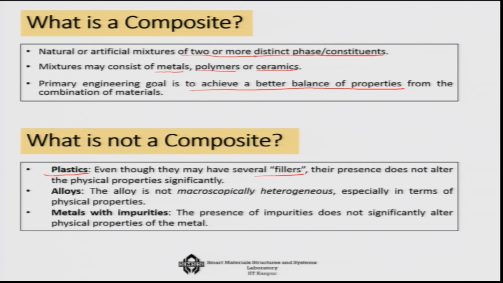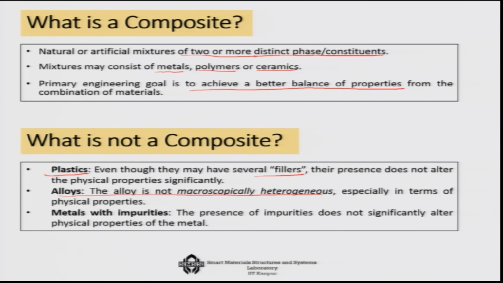You need to have a distinct mixture of some significant ratio in order to have composites. If you develop some alloys which are macroscopically not heterogeneous, that means they have some kind of microscopic bonding in them, then we cannot consider them to be a composite.